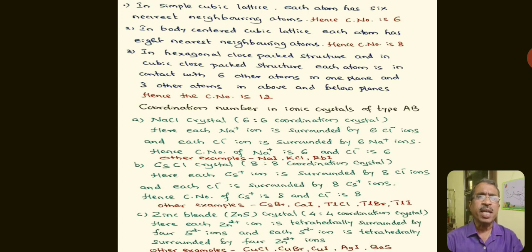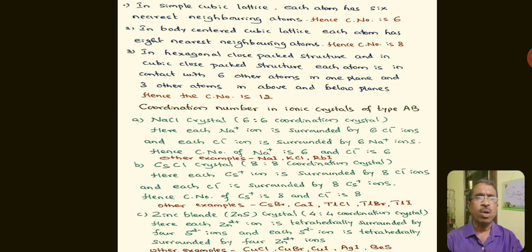Now, let us take some other examples wherein we look at the coordination numbers in case of ionic crystals. Ionic crystals of the type AB, let us take first. Sodium chloride is an example of AB type of ionic crystal where the ratio of ions is 1:1. This type of ionic crystal has 6:6 coordination.